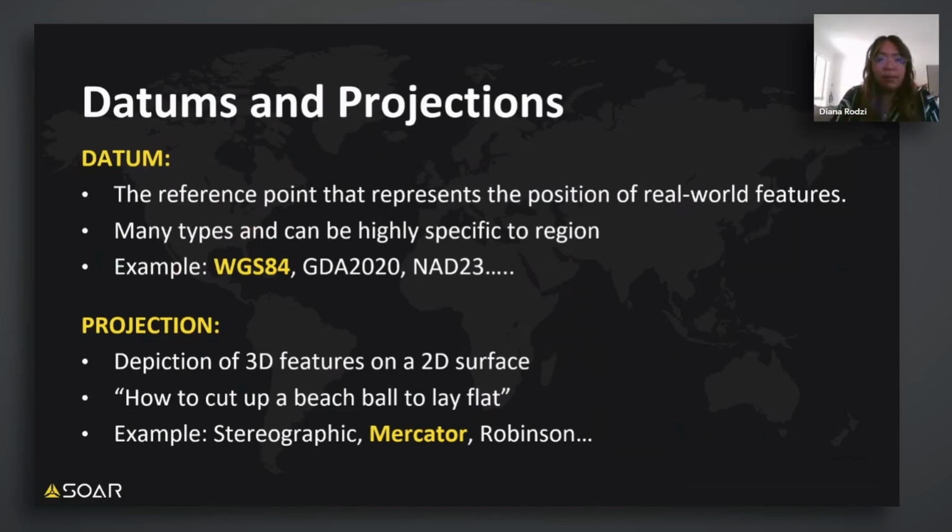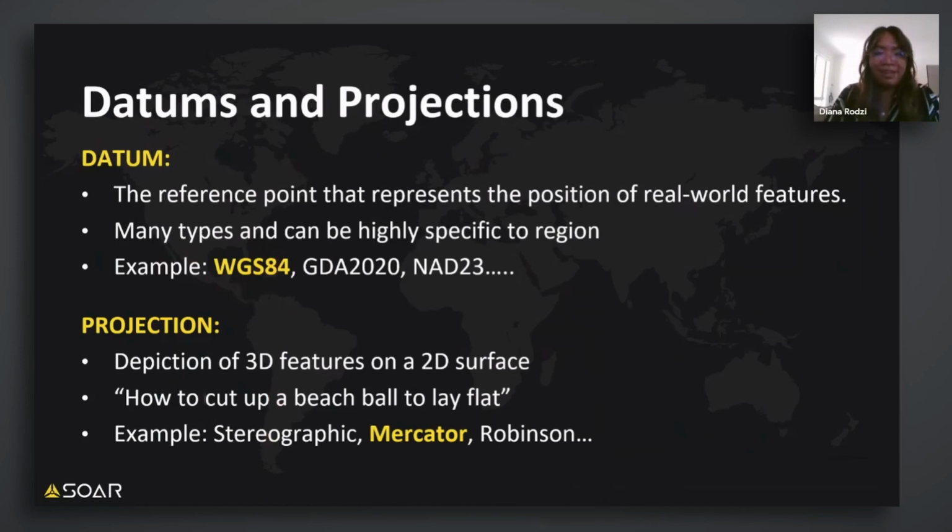But the main one that we'd be very familiar with is WGS 84. I'll explain later why that is used. But for now, if you see all on Soar, it's this one, WGS 84. That's the bingo datum.